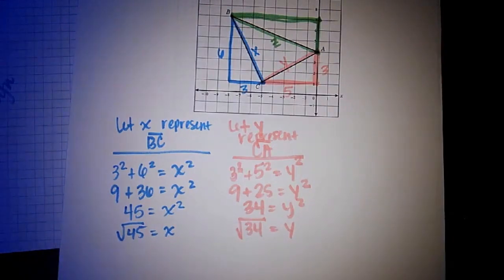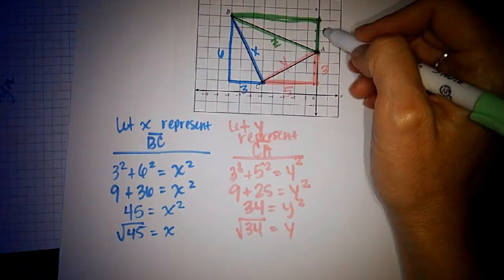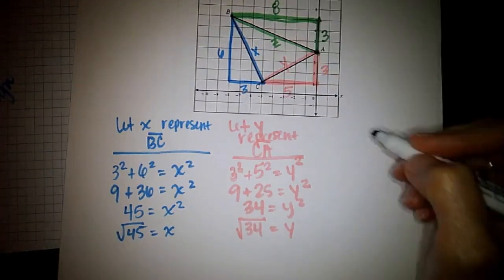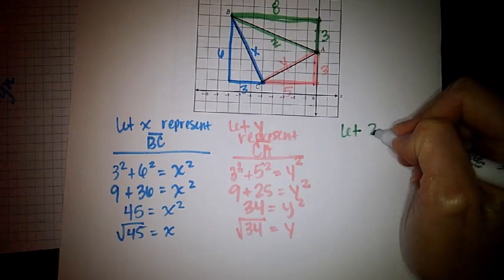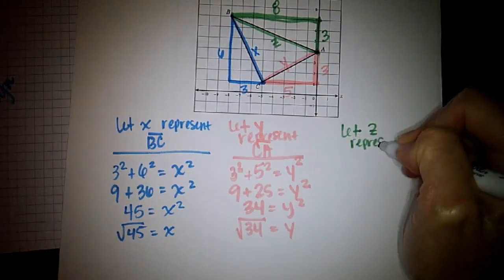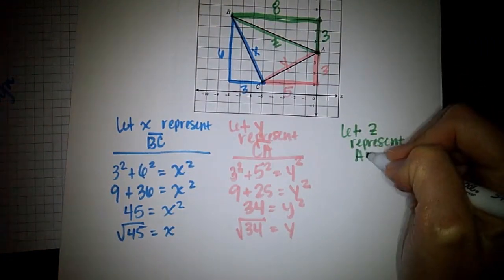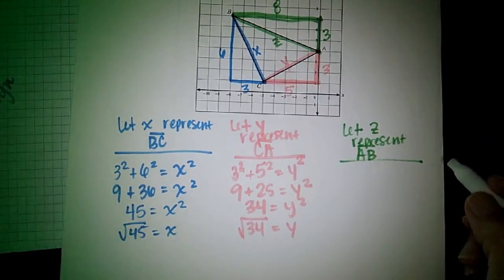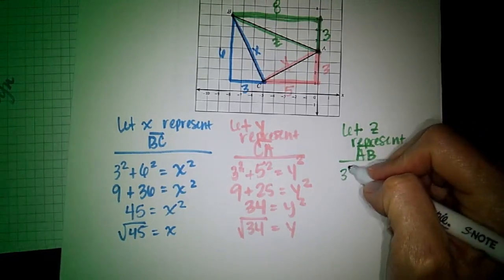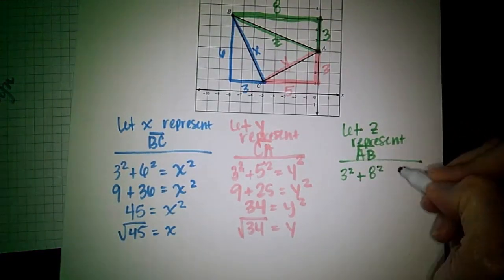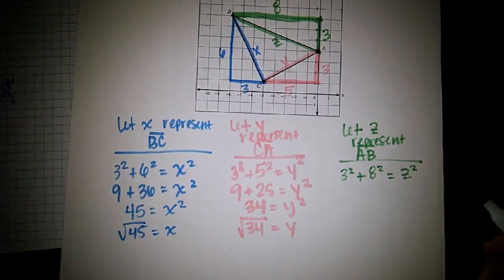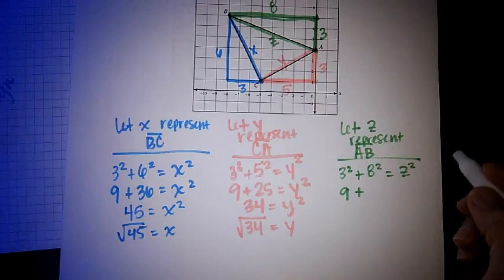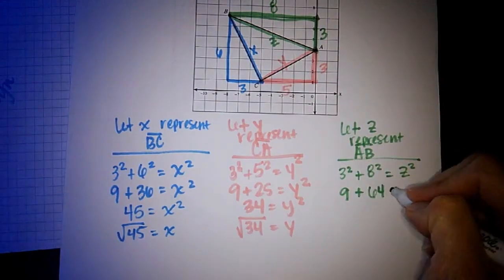We don't know yet. So what length is this right here? 3 units. What length is it across? 8 units. So we're going to let Z represent line AB. If we do that, we will have 3 squared plus 8 squared equals Z squared. 3 squared is 9. 8 squared is 64.